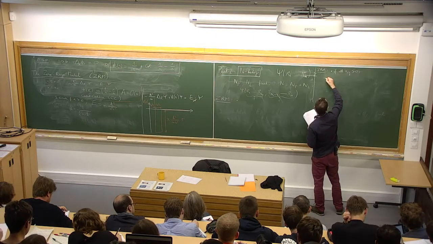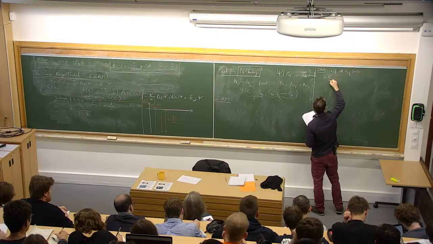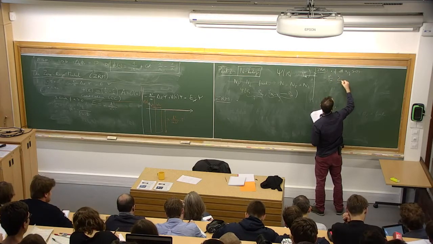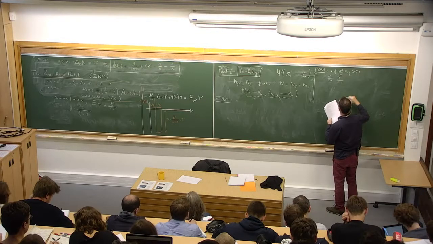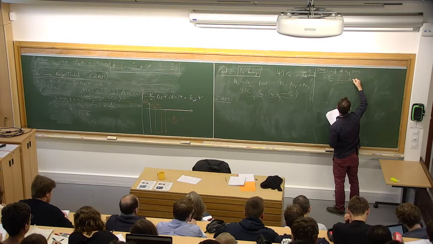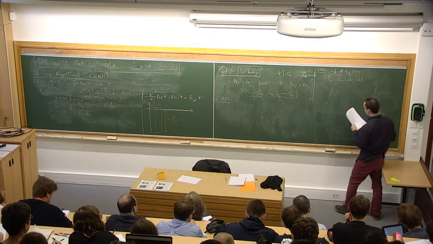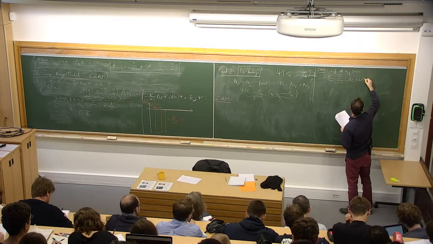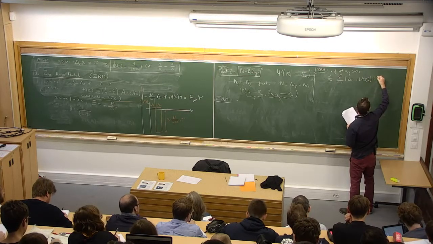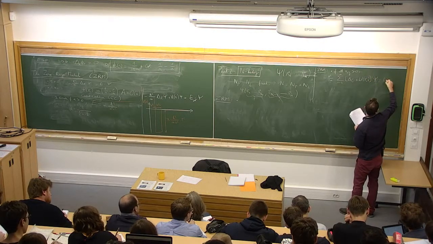So you have minus h bar squared over 2m, sum over i from 1 to n, sum over all particles of the Laplacian with respect to Ri, plus I will put an external potential as well, U of Ri, psi, equal to E psi.